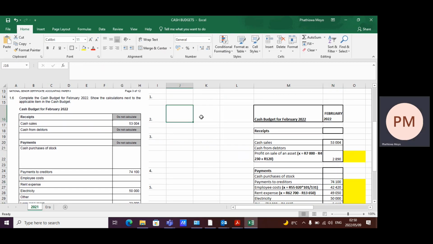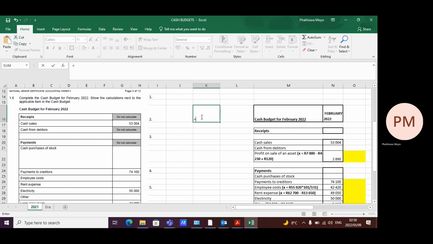So cash sales is... okay. Now we need to calculate the total sales.